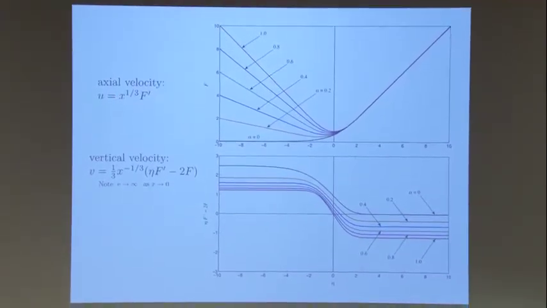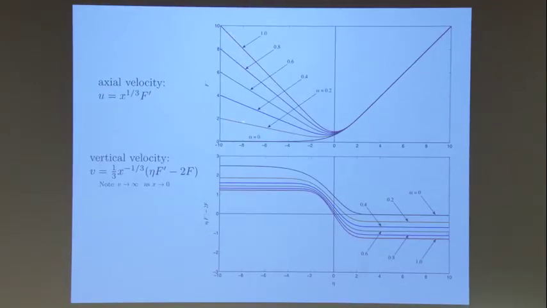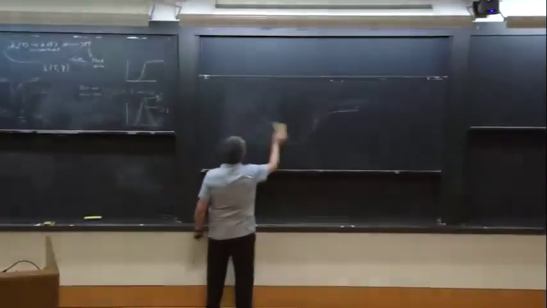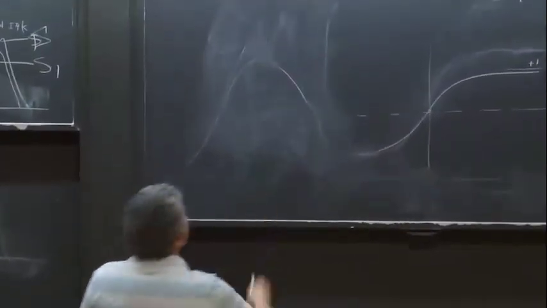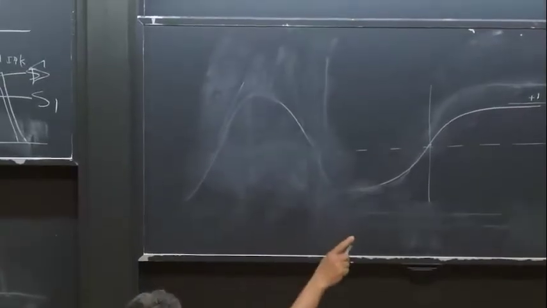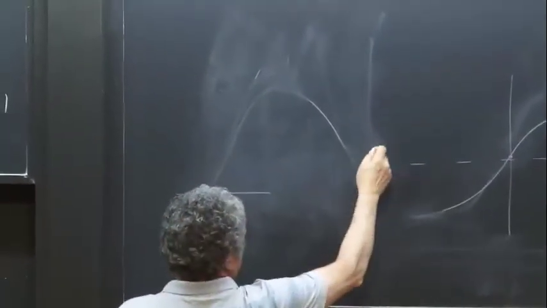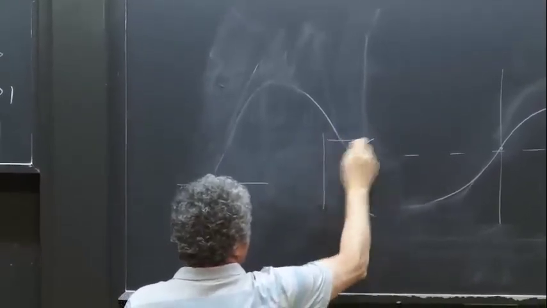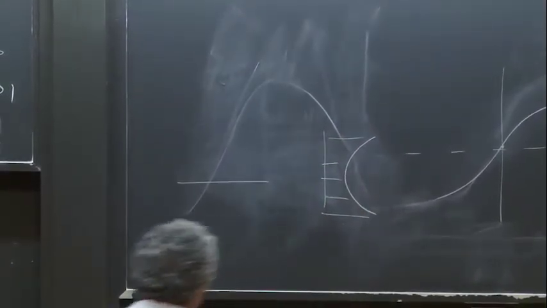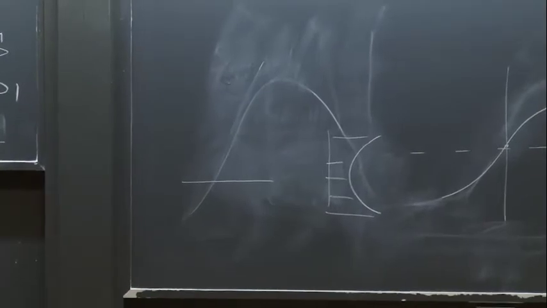So if you see here is the solution, F prime is essentially the axial velocity. When alpha is 1, it means the velocity is the same on both sides. The profile is drawn as a function of eta. This is the profile on top.